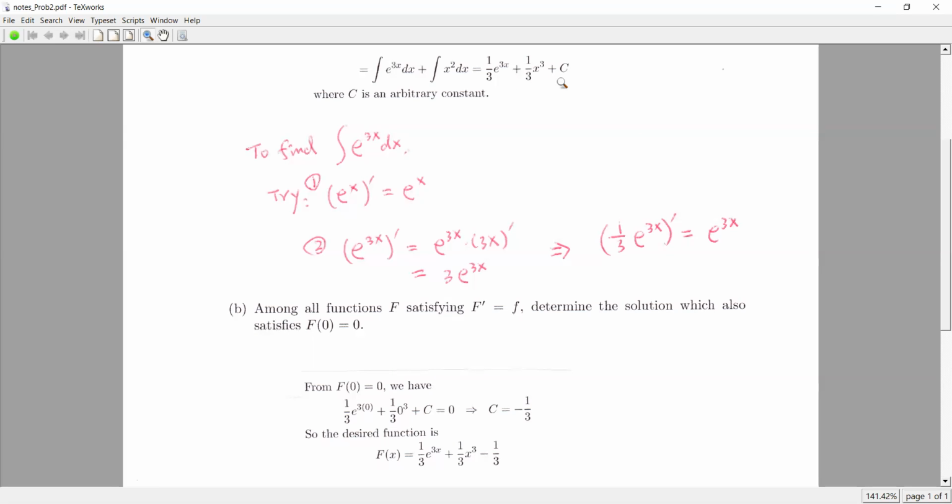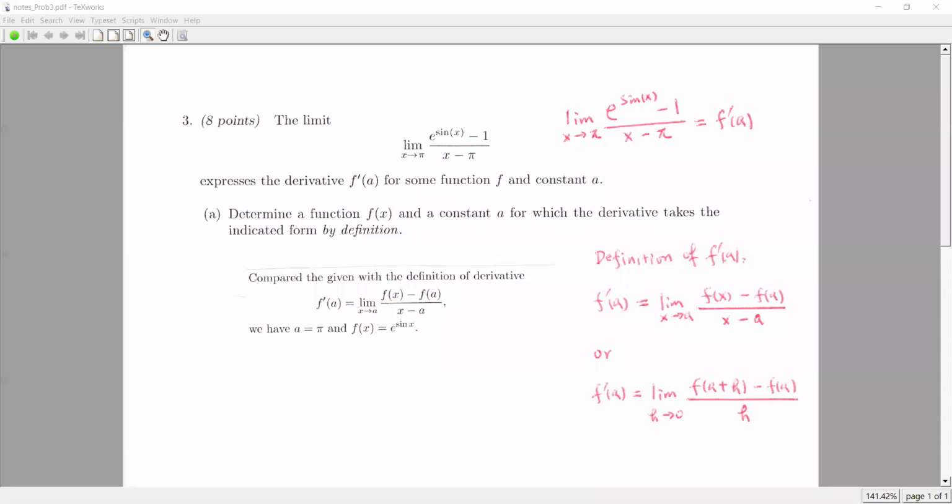Set the result to 0, then I have this equation. From this equation, c is -1/3. Therefore, the capital F that satisfies this equation and also satisfies this condition is this function.